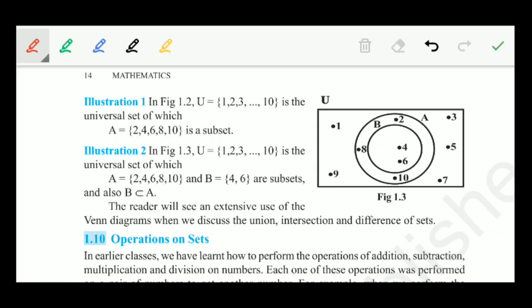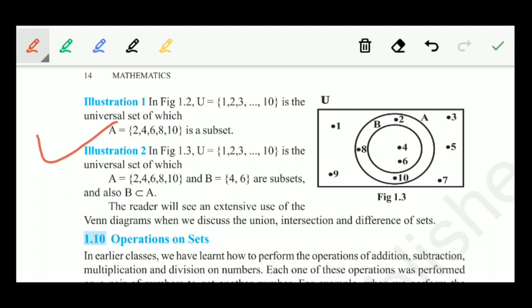Now see one more example. In example number two, the universal set is again the set of the first natural numbers, and set A having 2, 4, 6, 8 and 10 and set B having 4 and 6.